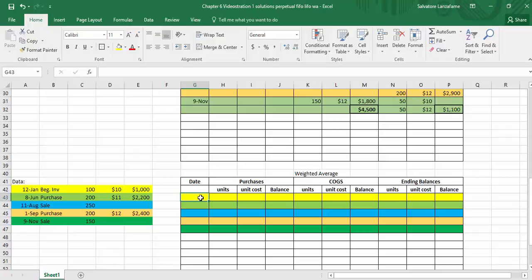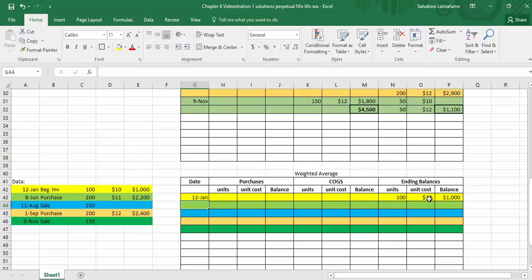Okay, so January 12th, and the ending balance 100 at $10. So let me just copy those in here. And as we can see, again, we have for the third time $1,000 worth of inventory to start the process.